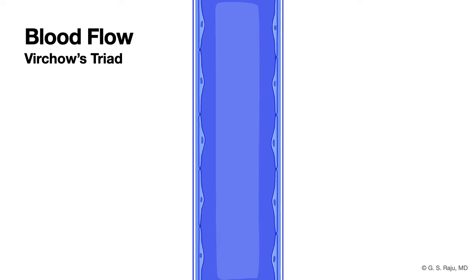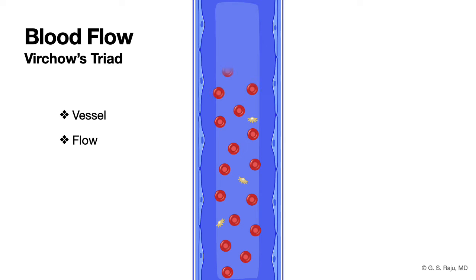The three components are the blood vessel, the flow inside the blood vessel, and the contents of the blood vessel. When all of these are working well, you'll have a clean flow through any blood vessel, whether it is an artery or a vein.